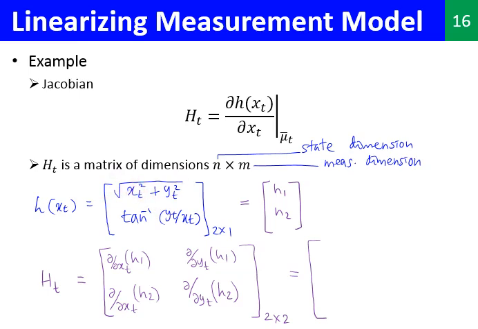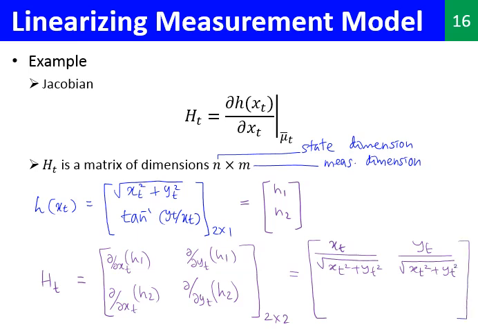Your answer would be xt over the square root of xt squared plus yt squared. We will get a similar expression for the next element: yt over the square root of xt squared plus yt squared.